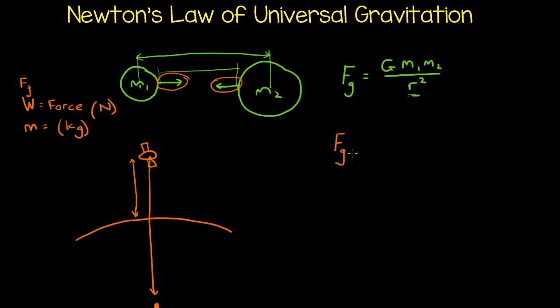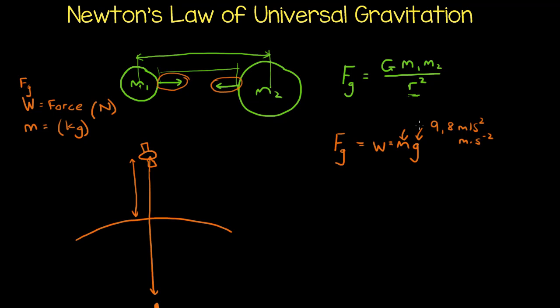Now, you've seen the equation W equals mg, where m is mass and g is gravitational acceleration, usually 9.8, in meters per second squared. So that's how we can work out our weight on Earth.